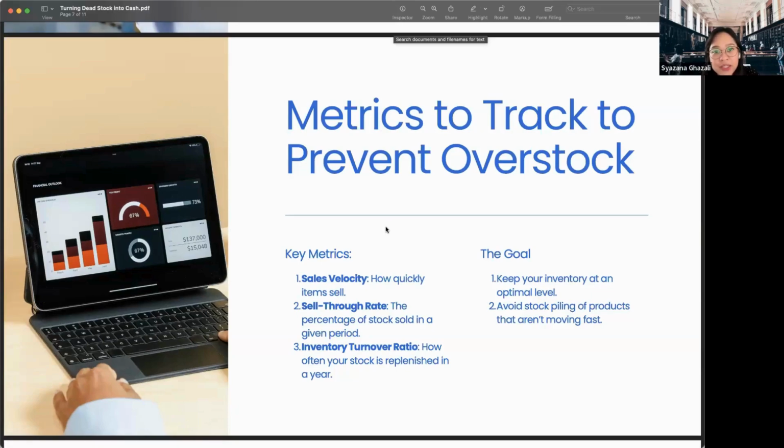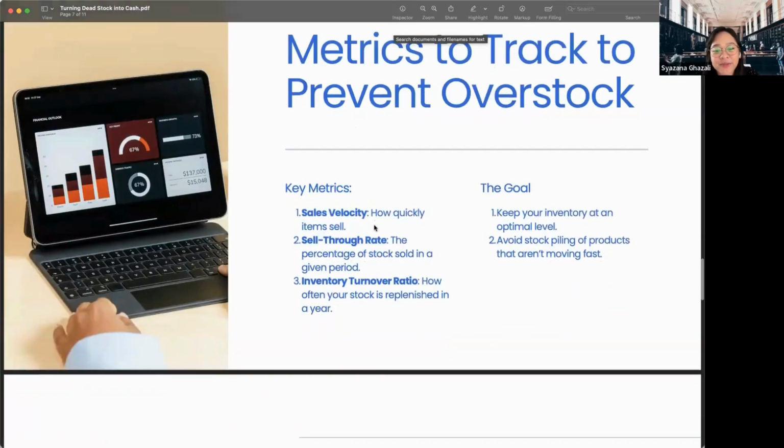We are able to do that quickly for you. Later, during the live demo, I'll introduce the features that OneCart has. Again, the whole goal right now is to keep your inventory at an optimal level to avoid stockpiling of products that are not moving fast.